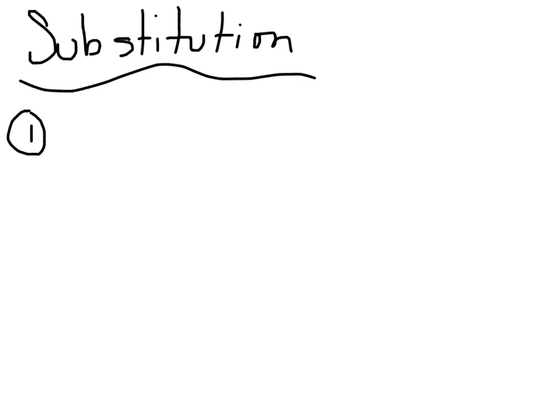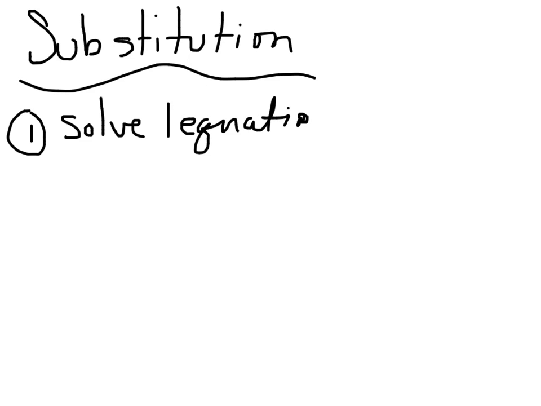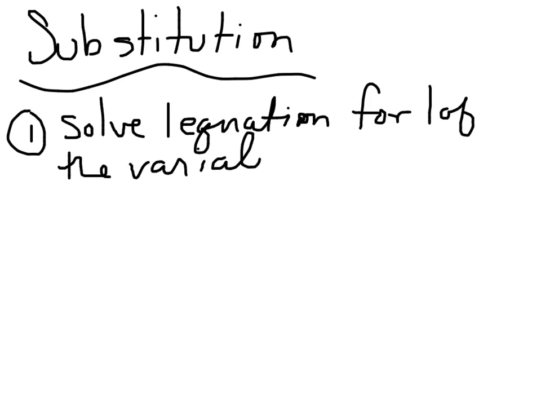So, when using substitution, here's what you'd have to do. I'm going to give you steps for solving this. What you do for substitution, first of all, is solve one equation for one of the variables. Notice I wasn't specific. I did not say solve for y or solve for x.